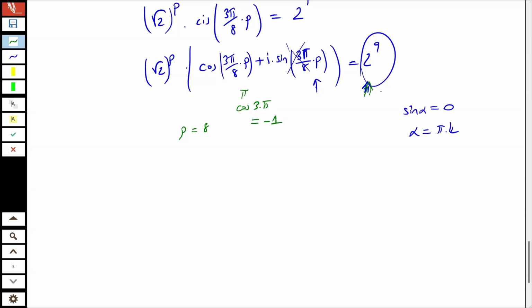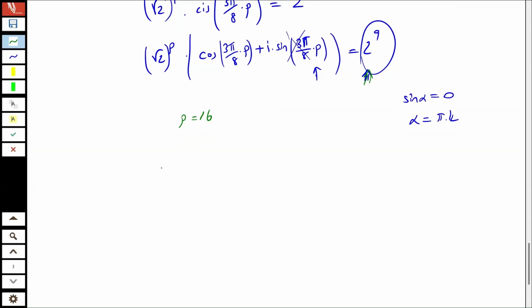But our number 2 to the power of Q is not negative. It needs to be positive. In this case, 8 is not enough. We will choose the other multiple of 8, which is 16.